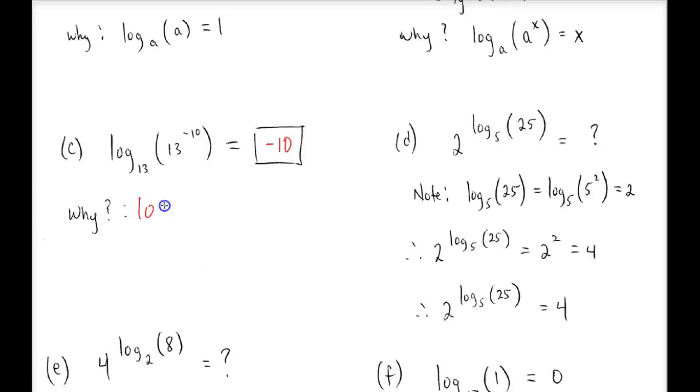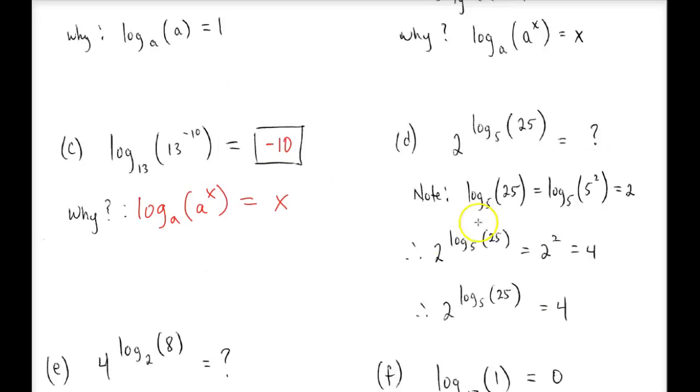And again, we know that because log base a of a raised to the x is equal to x. Or put another way, if we translated this in exponential form, 13 raised to the negative 10, or a raised to the power of y, is equal to x, which is 13 raised to the negative 10.